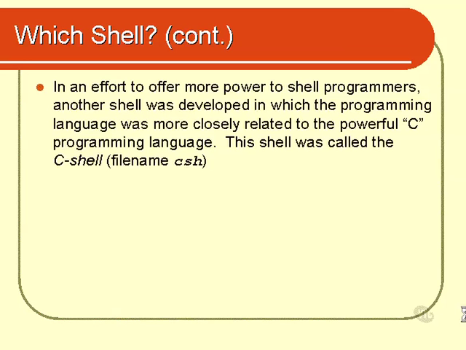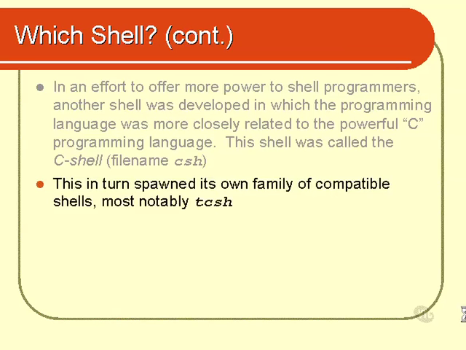The main difference is that the scripting language is a different language, and it's more closely related to the powerful C programming language. And for this reason the shell was called the C shell. Another little Unix witticism there. The file name for that particular program is csh. Now, the csh, or the C shell, was the original shell of that particular programming language. That in turn was seen to be rudimentary and evolved its own family of C compatible shells, and tcsh is probably the most popular of those.